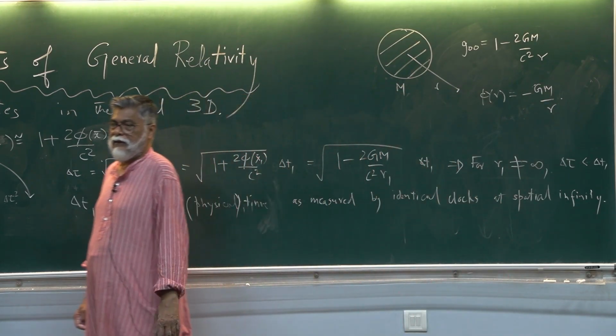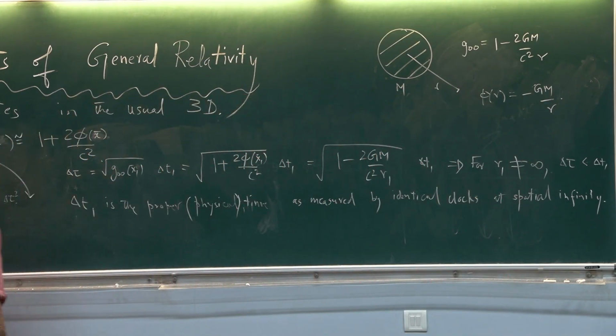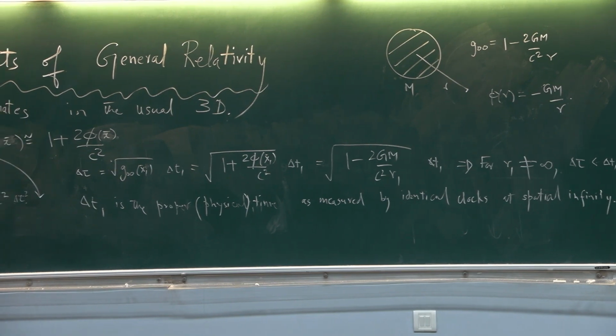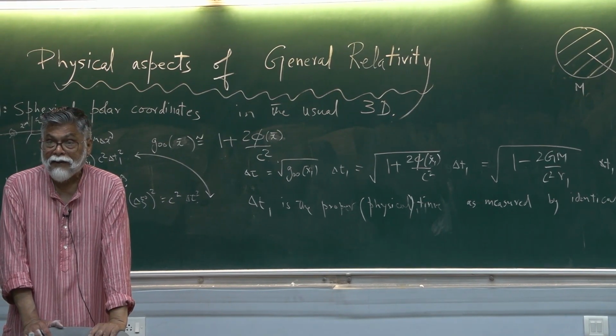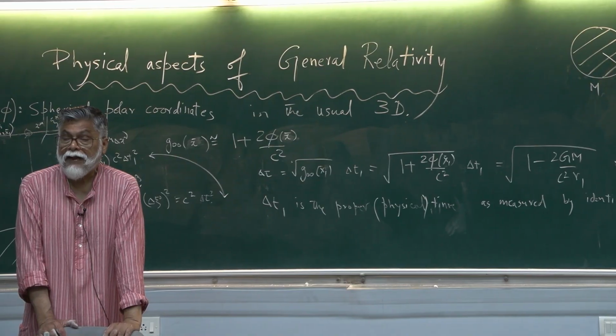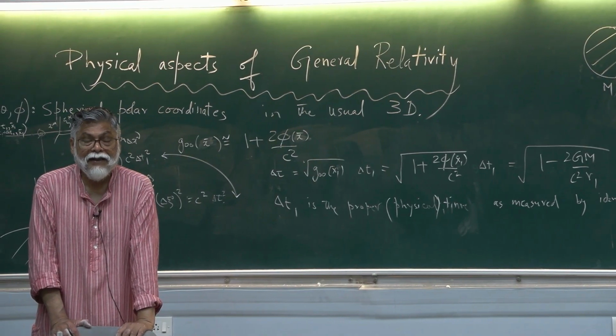Okay? So therefore, you have the statement that clocks in a gravitational field tick at a slower rate.